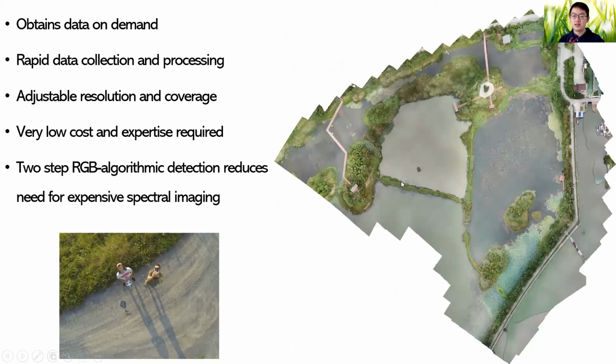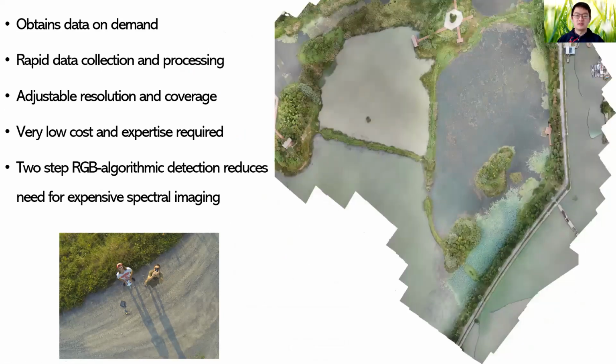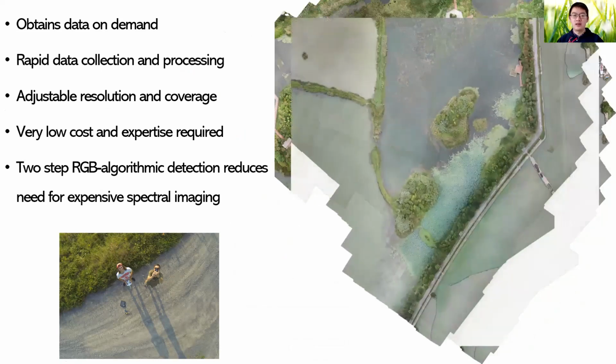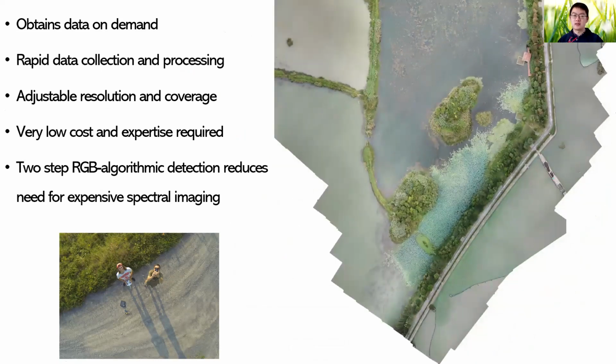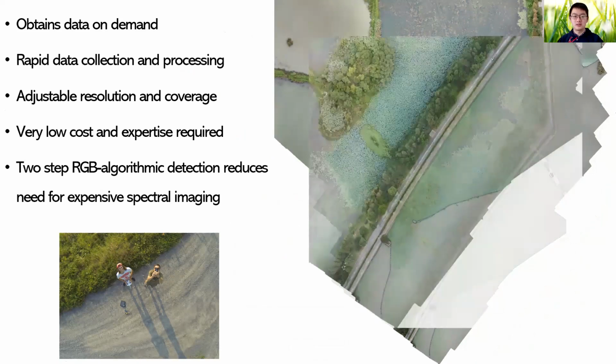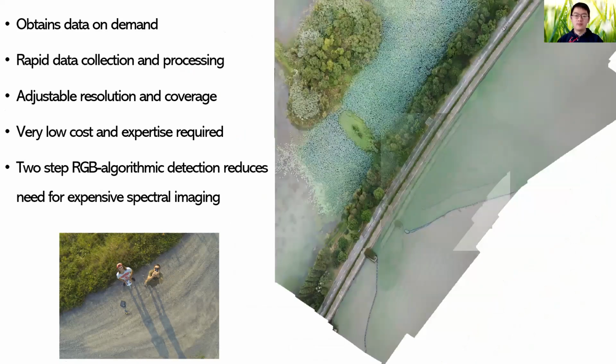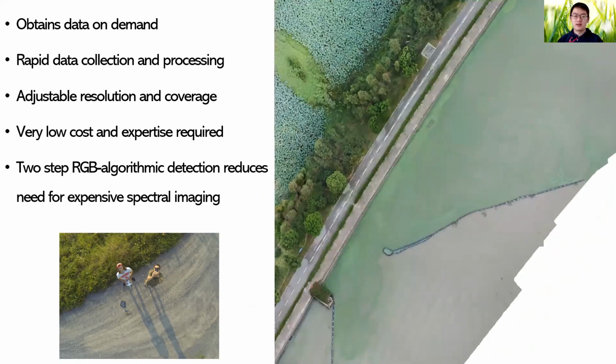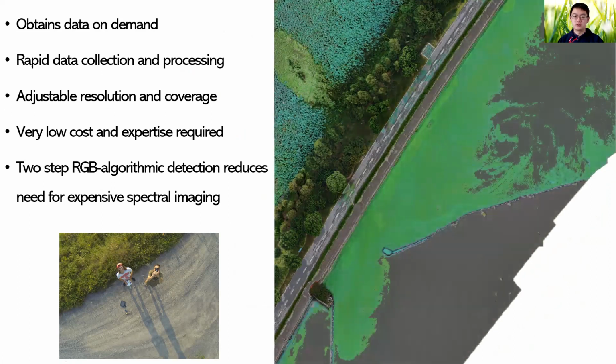The image on the right is one that we took in China in 2018. So we can obtain data on demand. It's really rapid, and processing can be conducted on site in less than an hour. We can adjust the resolution and coverage, and it's very low cost. And with a two-step RGB algorithmic detection workflow, we reduce the need for expensive spectral imaging.